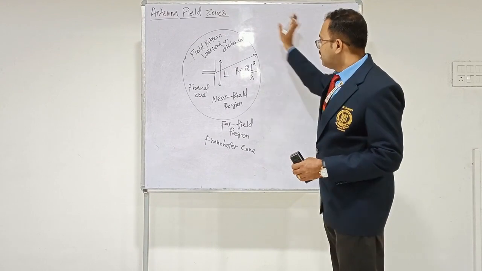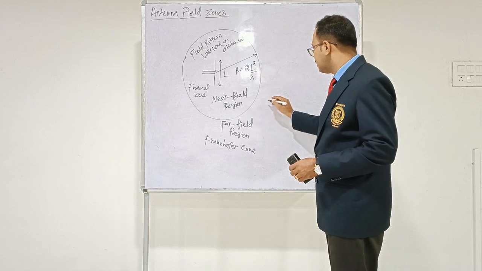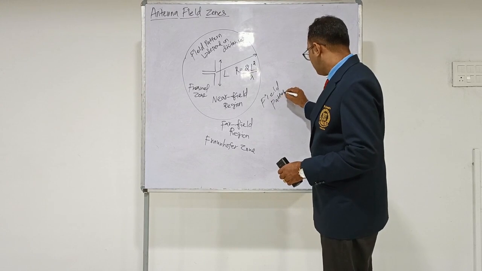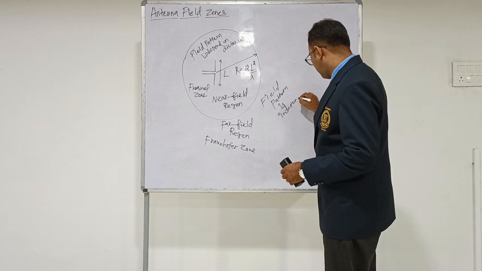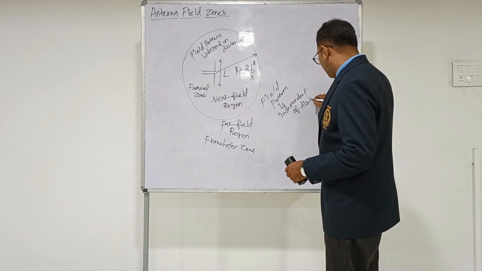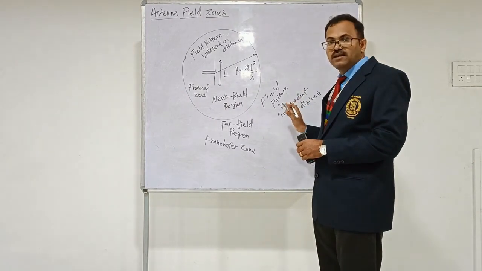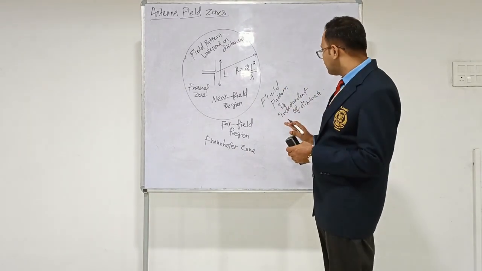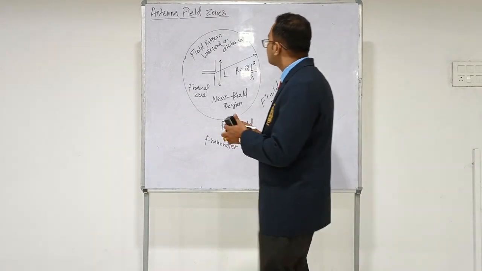But if you consider this particular region in Fraunhofer zone or far field region, your field pattern will be independent of distance. So that is why whenever we deploy a receiving antenna, the receiving antenna should be always placed at the far field region or Fraunhofer zone, just to ensure that the field pattern is independent of distance, right?